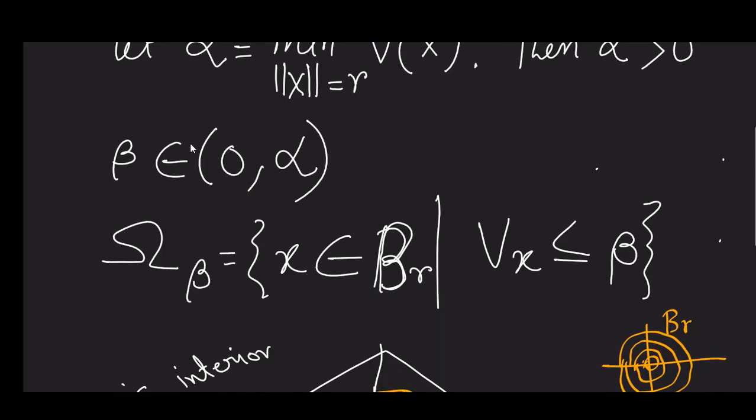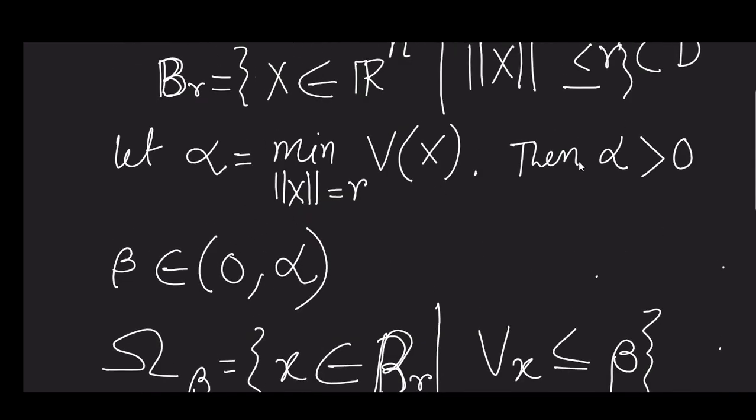Obviously, as alpha is greater than 0, beta is also something defining your Vx upper bound. Beta cannot include 0, because Vx by virtue of its definition cannot give you 0 value.